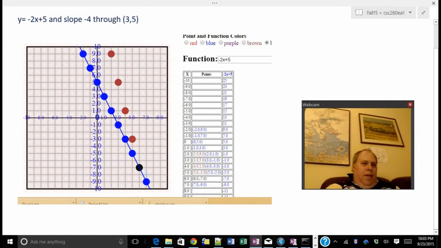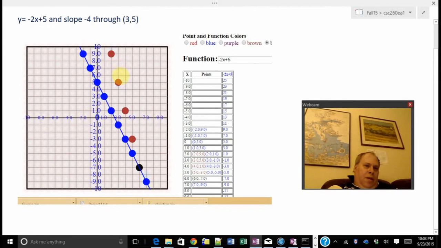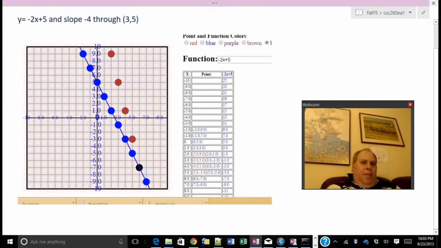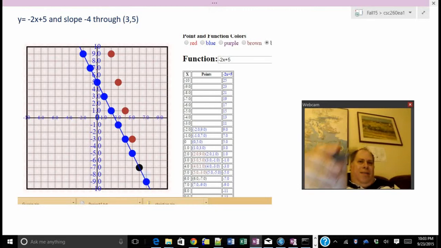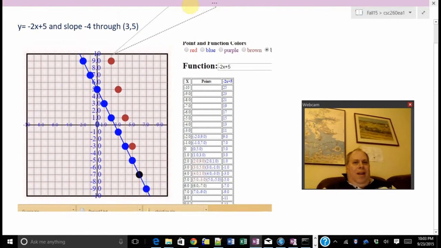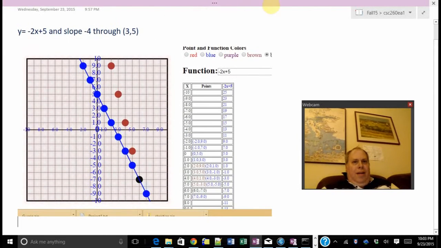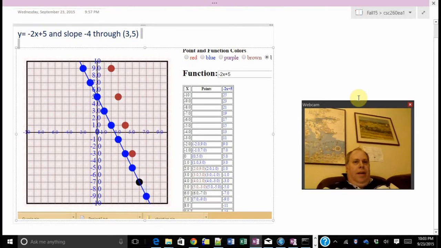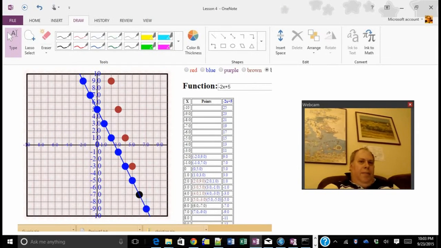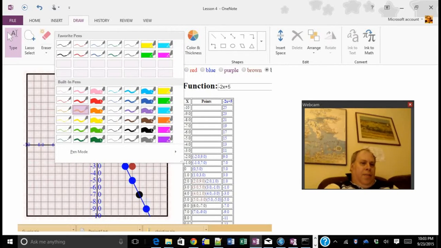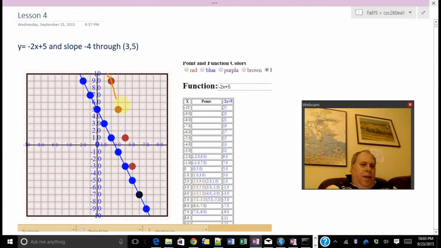That looks close enough. Okay, so I draw a brown line. Sometimes it's a little bulky. Come on, give me that. Alright, it got itself a little lost there. I got it again. Give me the brown line. There it goes.